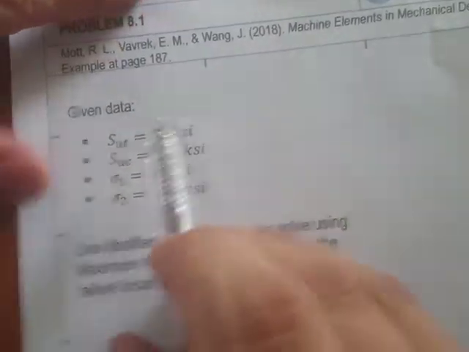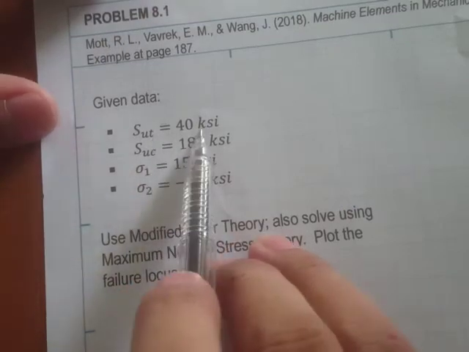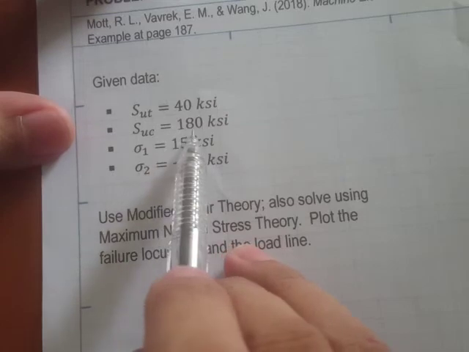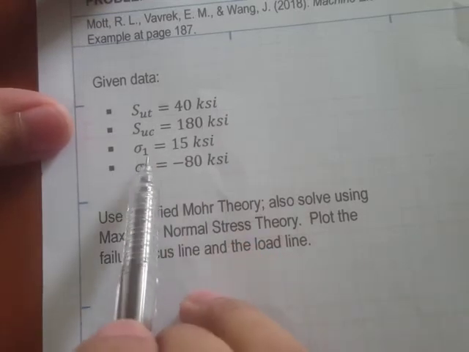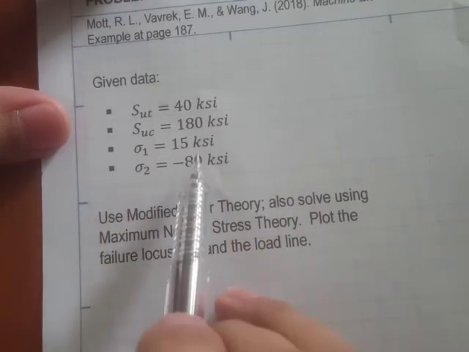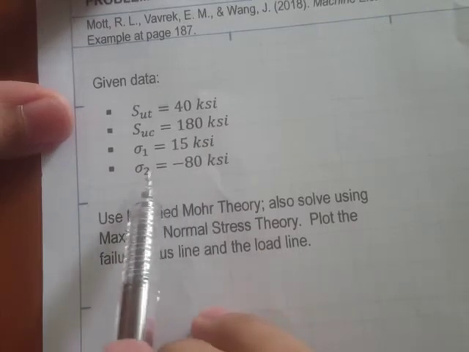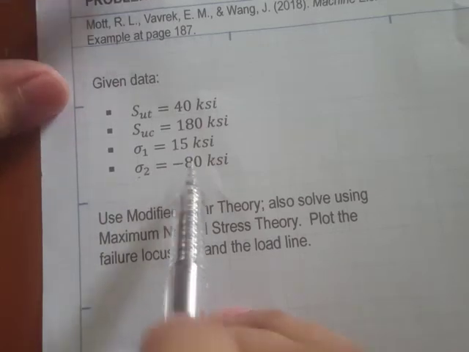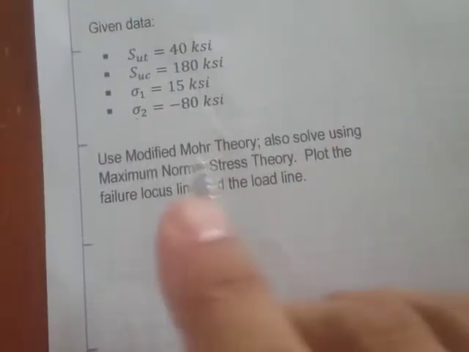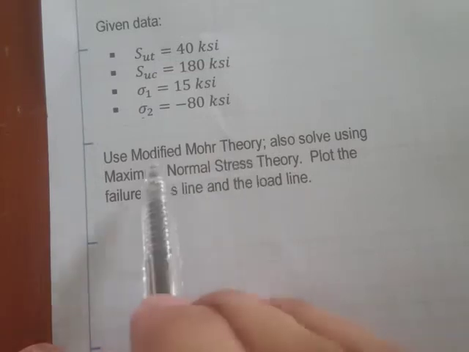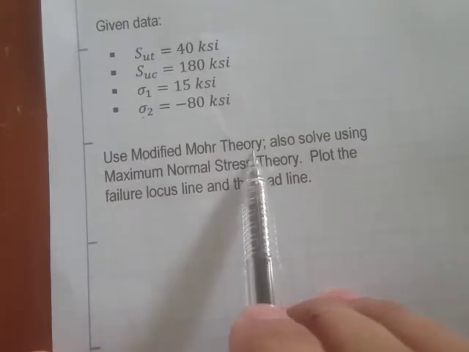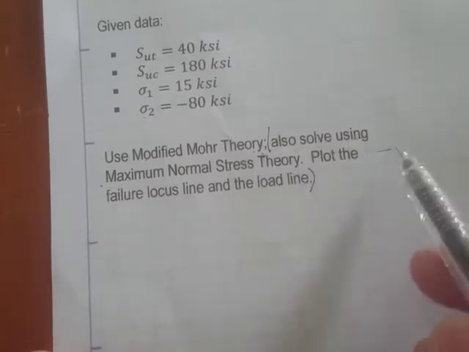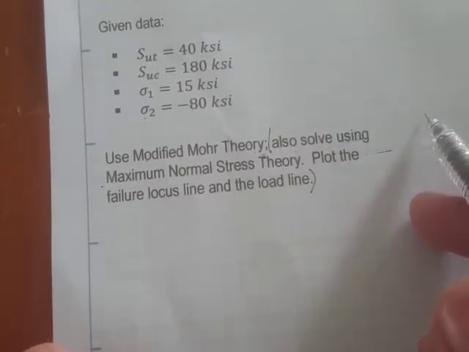The given data is an ultimate tensile strength of 40 ksi and an ultimate strength in compression of 180 ksi, and a principal stress sigma 1 equal to 15 and another principal stress of negative 80 ksi. We are going to use the modified Mohr theory, and I also included solving using the maximum normal stress theory and plotting the failure locus line and the load line.